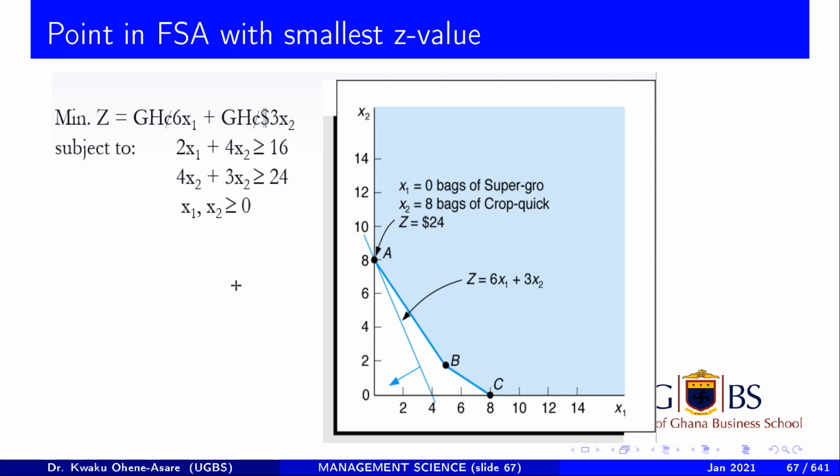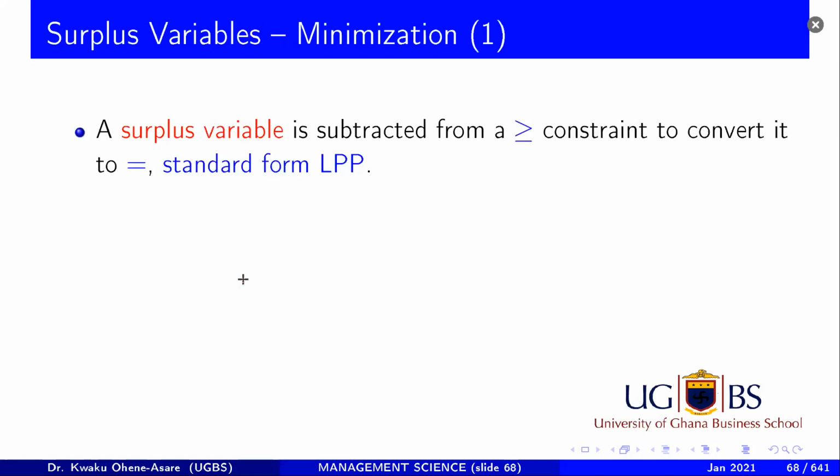So in a minimization, we talk about surplus. In a maximization, we talk about slacks. So what are surpluses? And remember, just like slacks, the surpluses are variables that are subtracted from the right-hand side constraint in order to convert it into the standard.